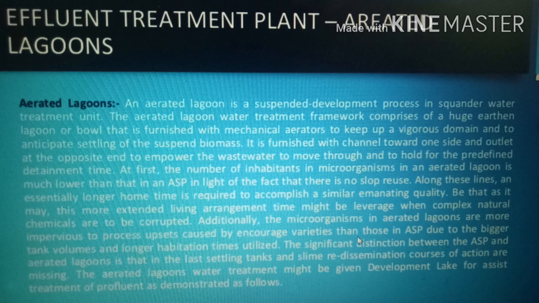The significant difference between the ASP and aerated lagoons is that the final settling tanks and sludge recirculation activities are missing. The aerated lagoon water treatment may be followed by a maturation pond for further treatment, as shown below. In aerated lagoons, the effluents from the primary treatment process are collected in tanks and aerated.